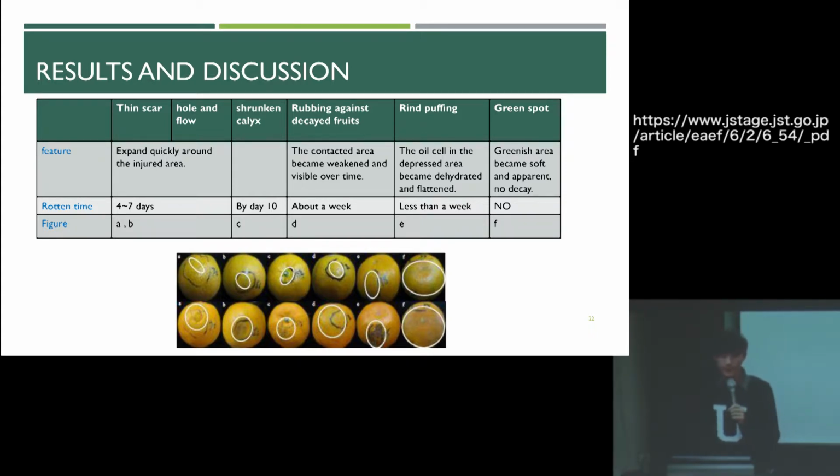And in the last case, green spot, it actually won't rot, but the green spot will become soft and apparent as time goes by.